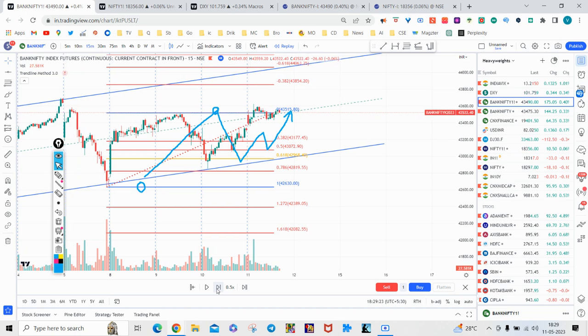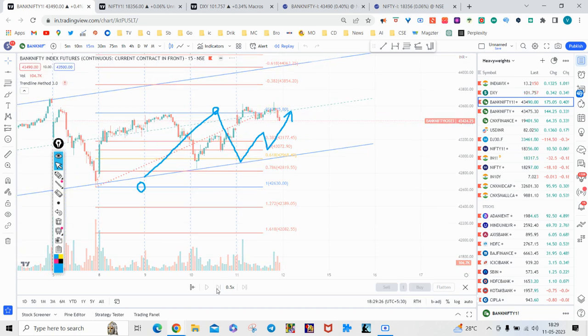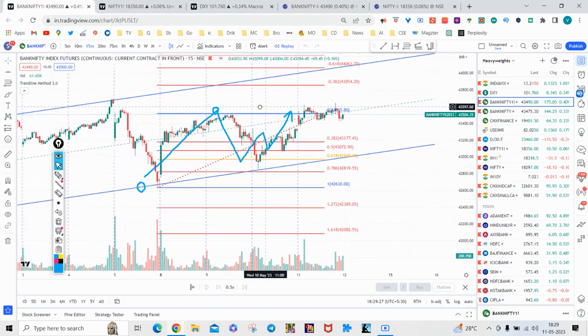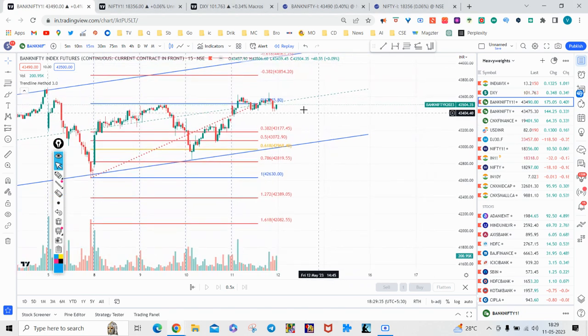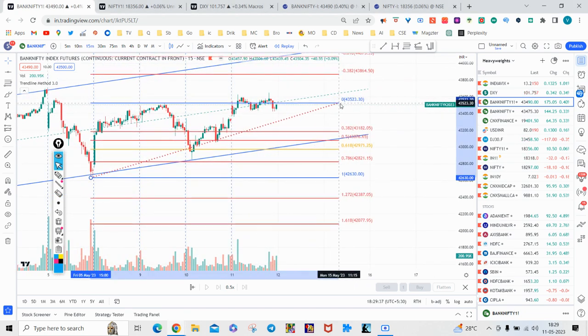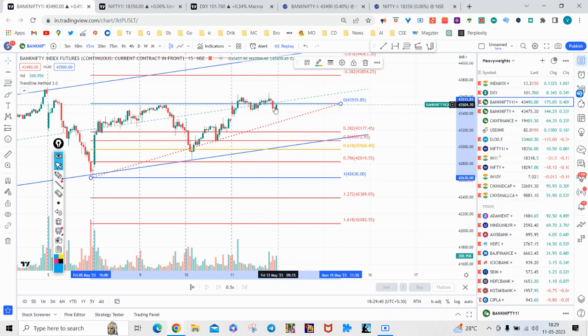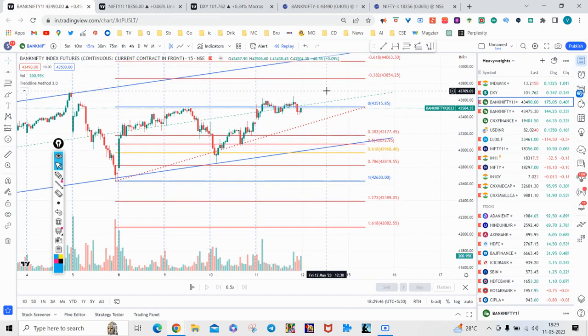Let me remove this. The price has reached the swing high, so it has achieved the complete objective. So this is what we discussed in yesterday's price action.